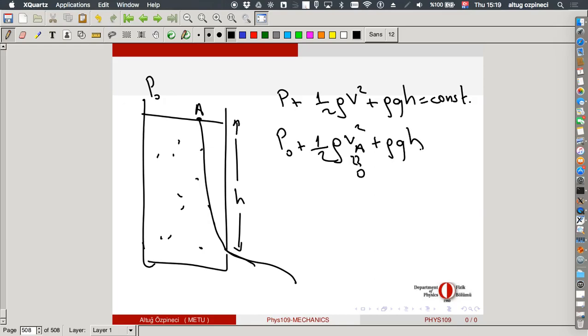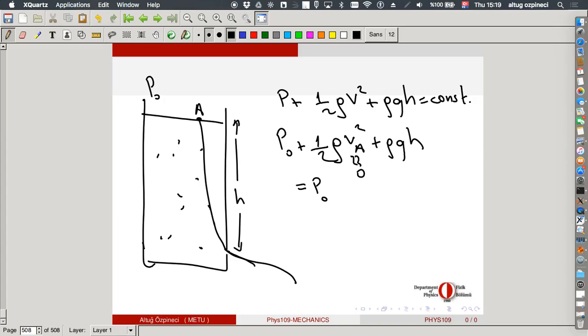This is the height of that point A. Now this should be equal to the pressure at this point. Well, this point is open. It should be P0. It is subject to the external air. So the pressure will again be the same, maybe slightly different than P0, but mainly P0.